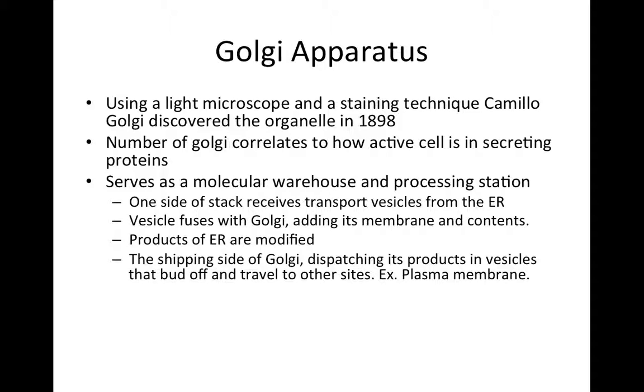And then on the opposite end of the Golgi is a dispatching side, where vesicles are used to package the protein. The vesicles will bud off of the Golgi and get transported to other sites. Typically, these vesicles will be exported to the plasma membrane to be released from the cell itself.